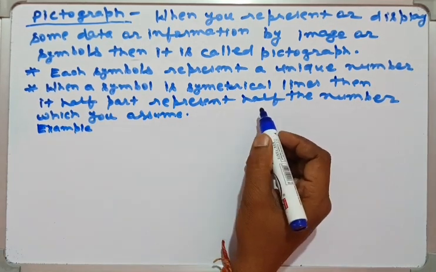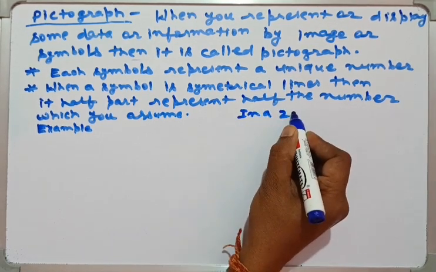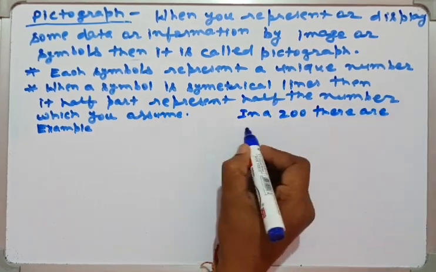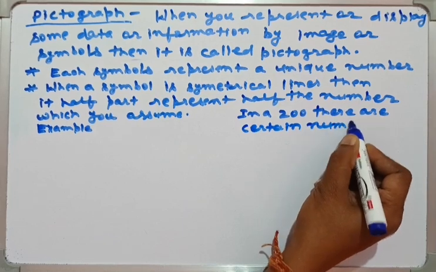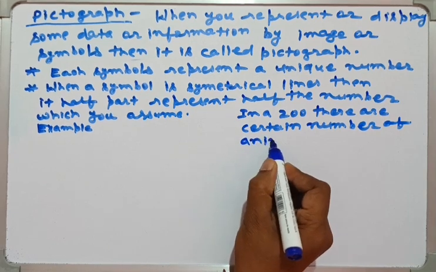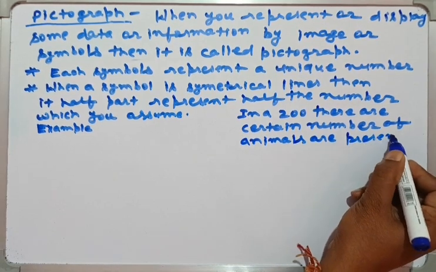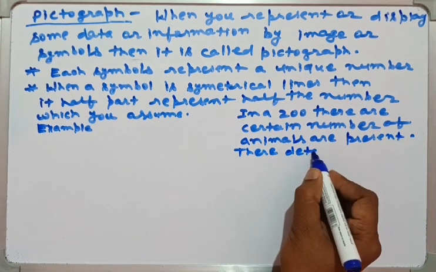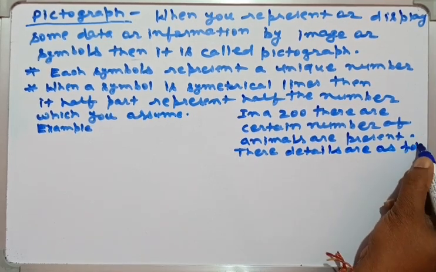Suppose in a zoo, certain numbers of animals are present. Their details are as follows.